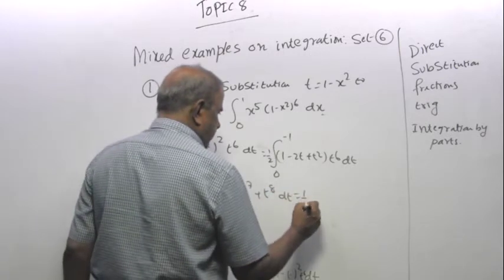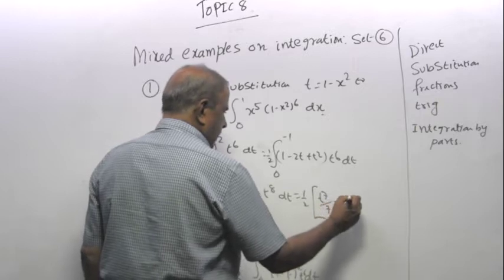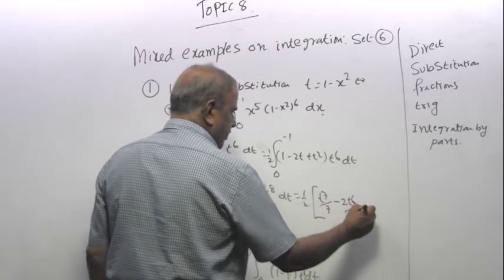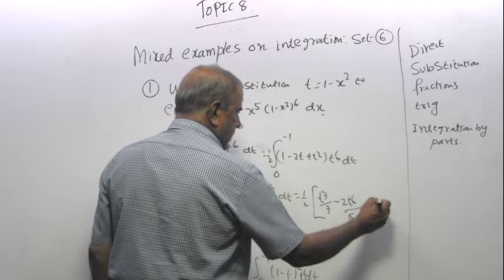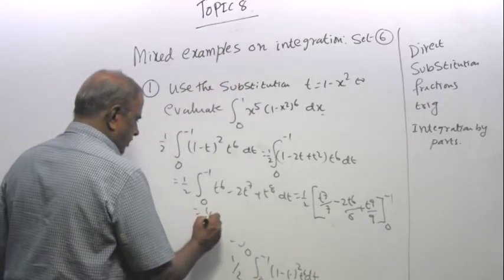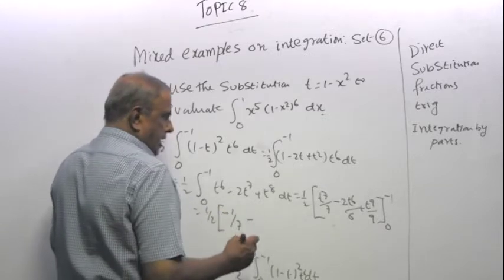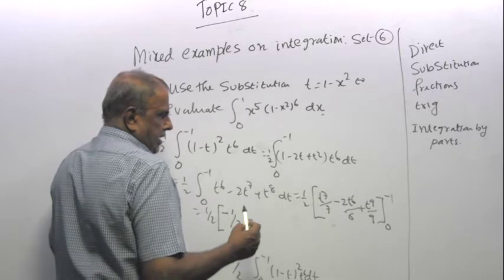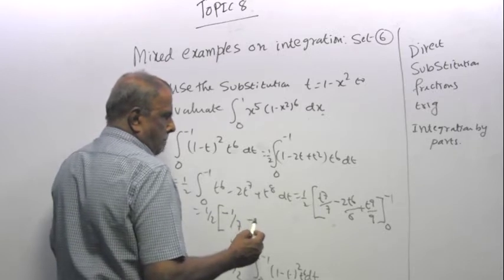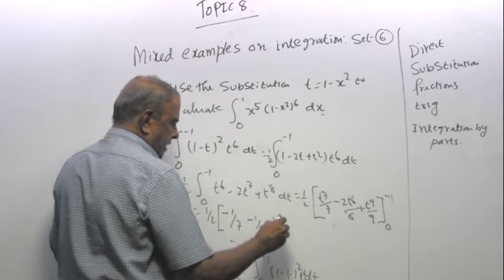That is half times t power 7 over 7 minus 2t power 8 over 8 plus t power 9 over 9, between the limits 0 and minus 1. So it is half of minus 1 over 7 minus 1 over 4 minus 1 over 9.